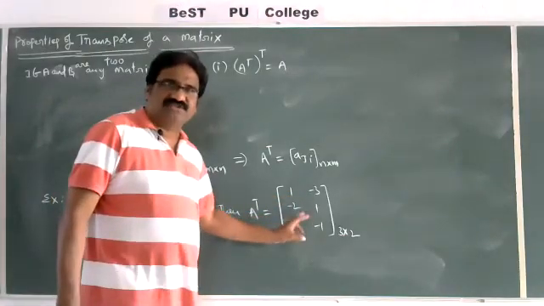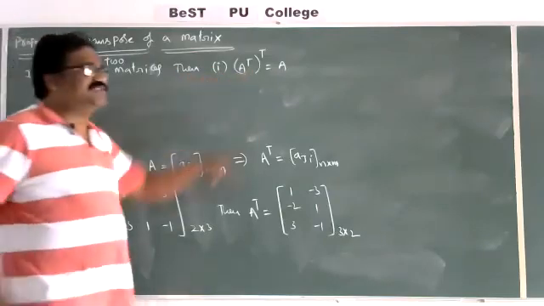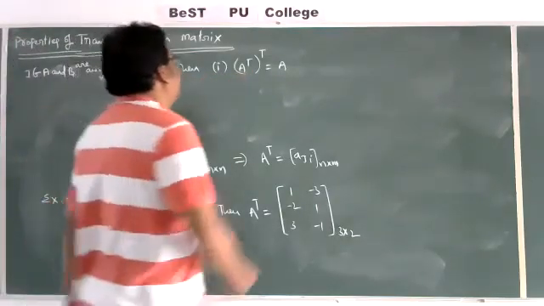Again write transpose of this, you get the same matrix. That's why A transpose whole transpose is equal to A.